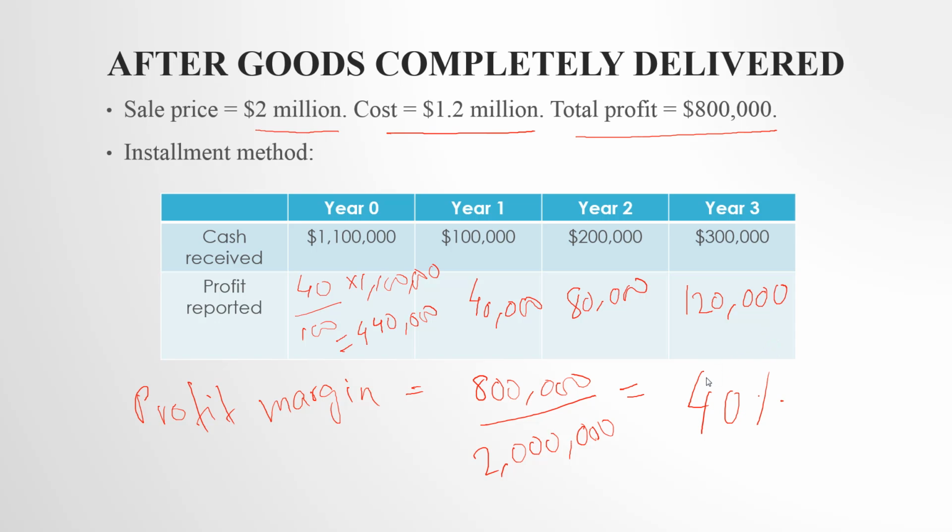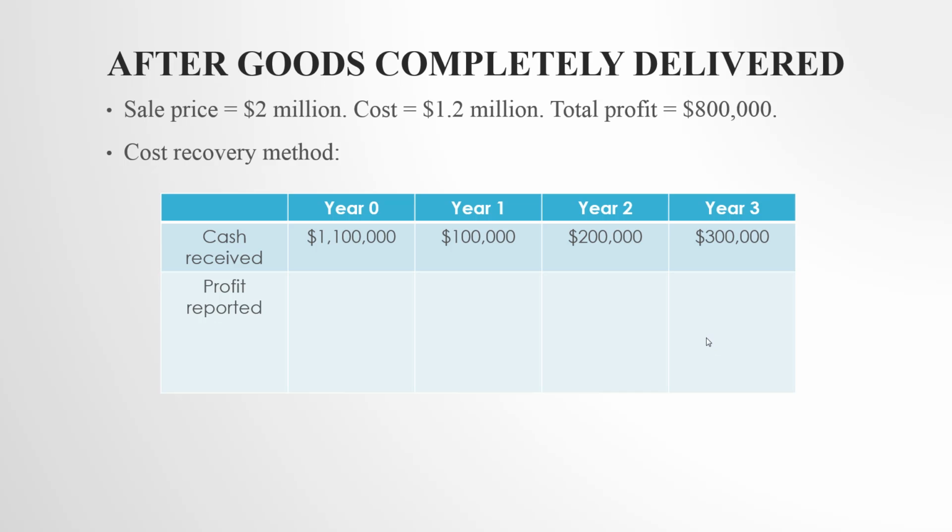Now let's look at the cost recovery method. Now in the cost recovery method, no profit is reported until all the costs of the seller have been recouped. Total cost is $1.2 million. In the cost recovery method, we won't report any profit on the down payment.